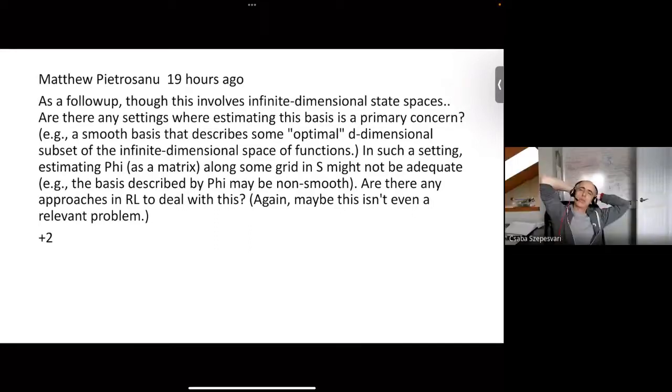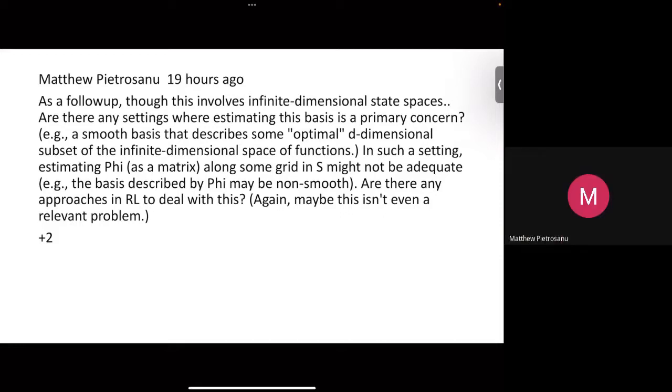So the question is, what happens if you don't have a discrete state space? If you want to assume smoothness, I say this is a follow-up because it's similar to my last question, then estimating the matrix, or your basis in the form of a matrix, doesn't really cut it in terms of smoothness. So I was wondering, how is that addressed?